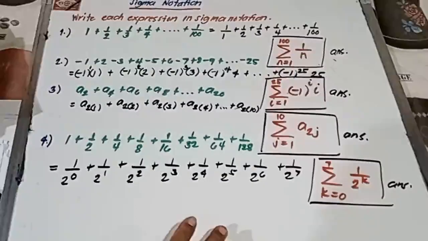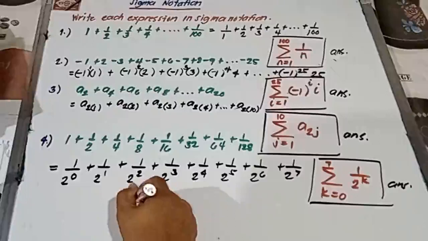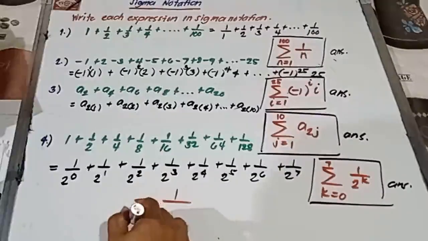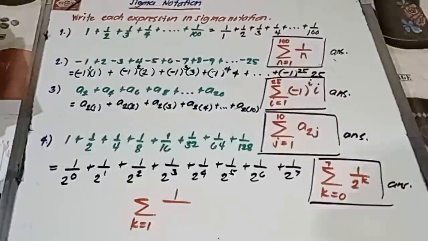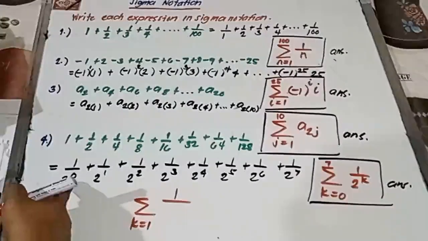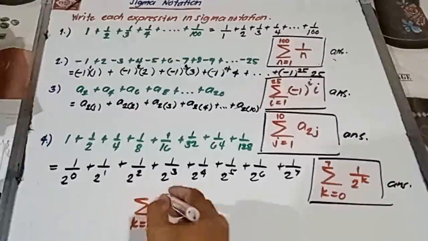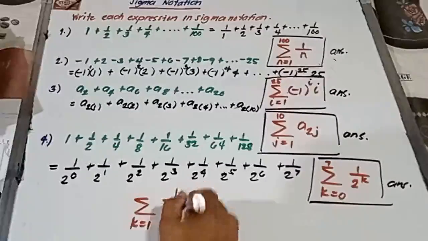Okay? Paano yun? Let's try this one. Let's say summation of 1 over, let's say ang ating lower bound is k equals 1. How are we going to come up with 2 to the 0 here? So that should be 2 to the k minus 1.